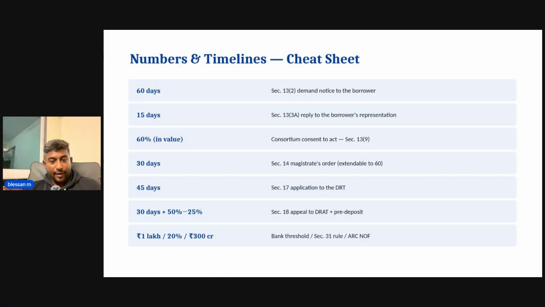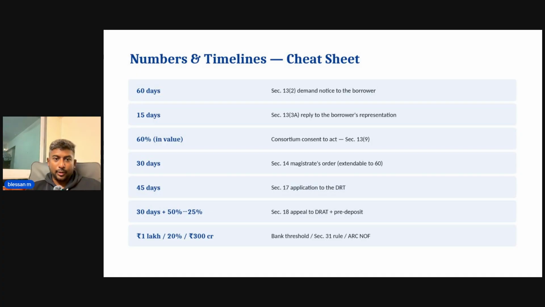And these are the fines. There can be a 1 lakh fine for any contravention or willful contravention of the Act. And there is a fine for the ARCs which do not follow the recommendations and directions of the RBI.